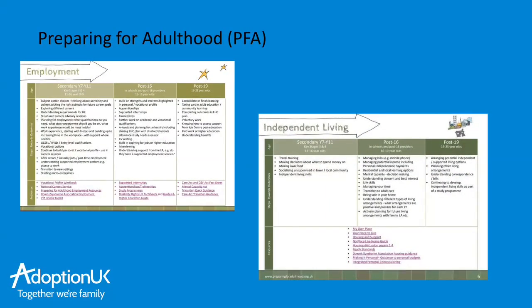So employment and independent living, and they're great documents because they give examples of what your child could be looking at in Key Stage 3 and 4 and some suggested outcomes. So fantastic information there.